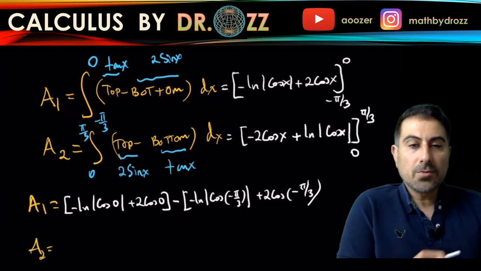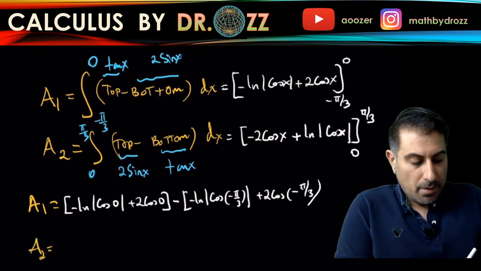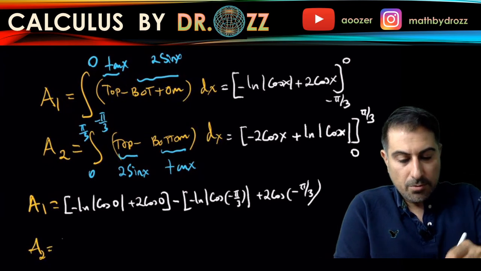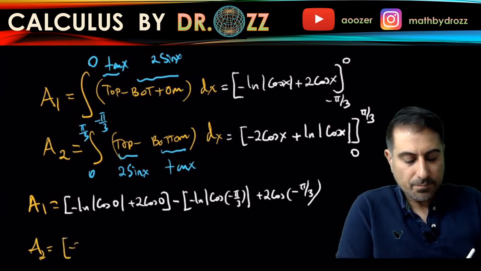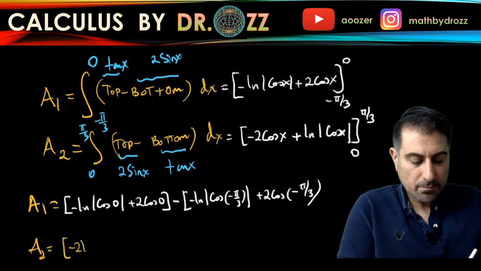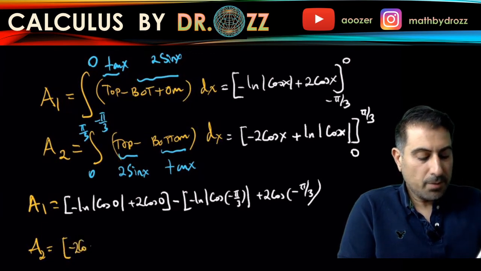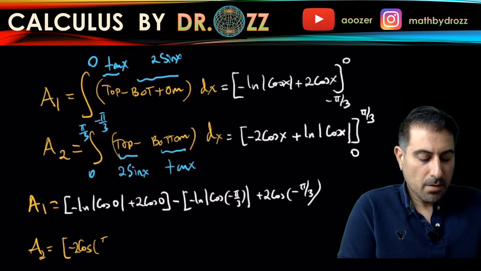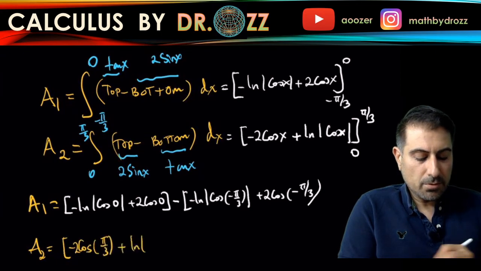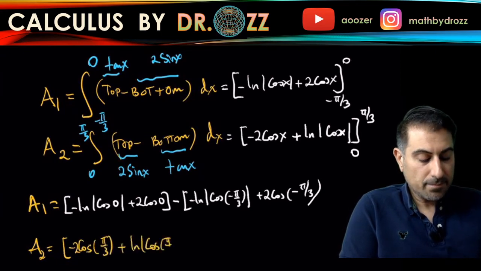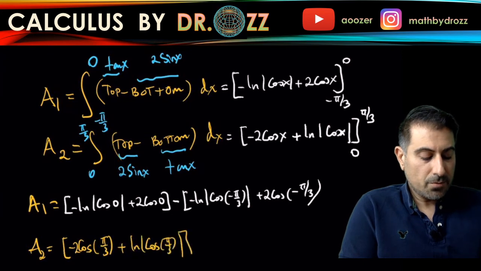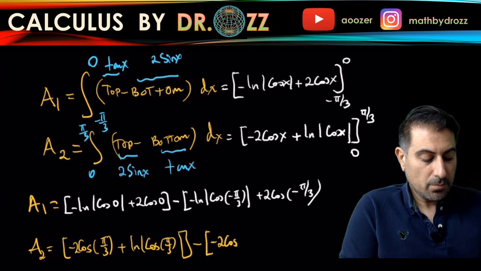Now for A2, negative 2 cosine pi over 3 plus ln cosine pi over 3 minus negative 2 cosine 0 plus ln cosine 0.